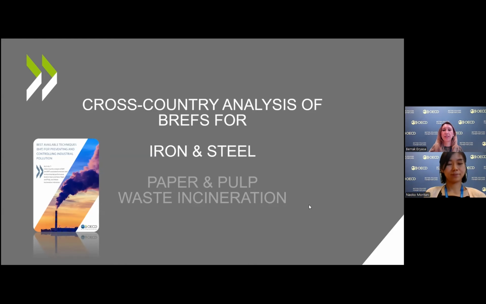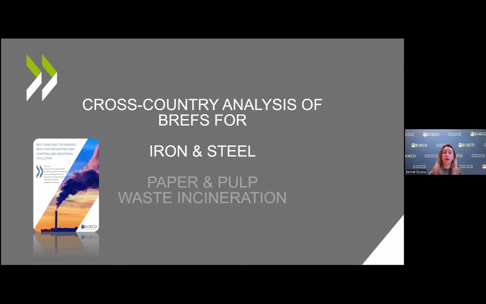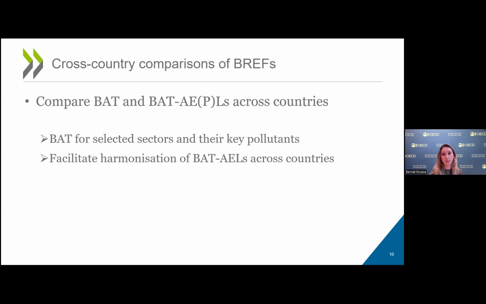Thank you very much. We'd like to start by introducing our cross-country analysis report that actually consists of 3 sectors. But for today's session, we will be discussing the iron and steel segment of the Activity 7 report. The goal of this report was to compare BATs and BAT-associated emission or performance levels across multiple countries.